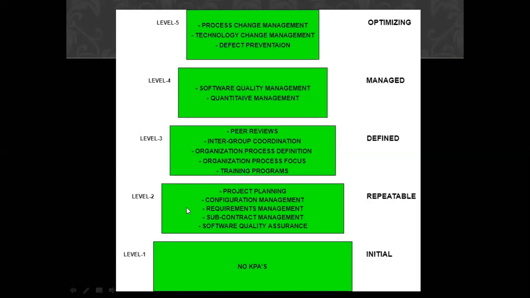Second one, technology change management. This one focuses on identification and utilization of the latest technologies to improve the quality of the product and to decrease the development time. Okay, so that you have to remember.